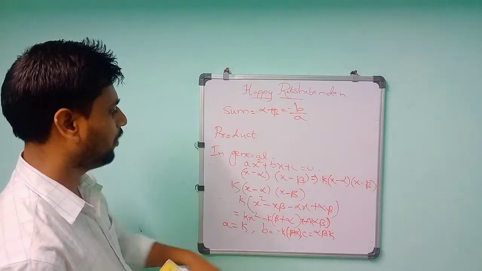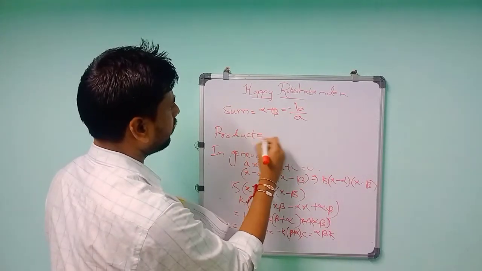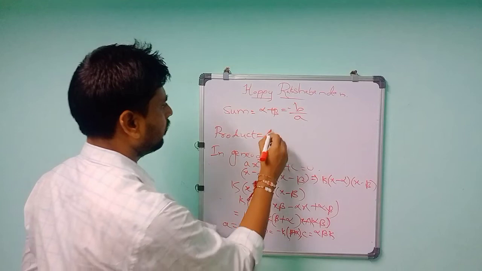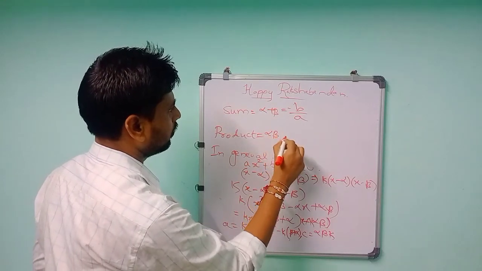Then for the product, alpha beta k is there.